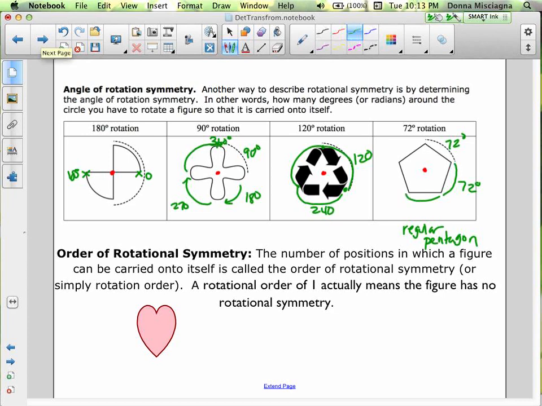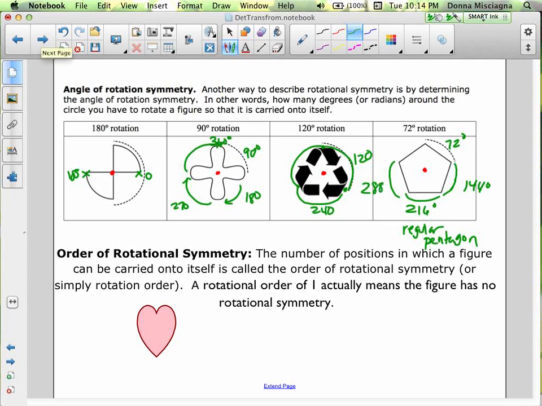Oops, I meant to not write 72. Let's add the 72s, so that would be 144. If we add another 72 degrees, that's going to be 216. And then we're going to add another 72 degrees, and that's going to be 288.